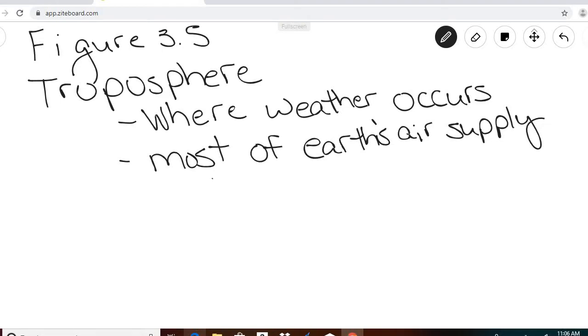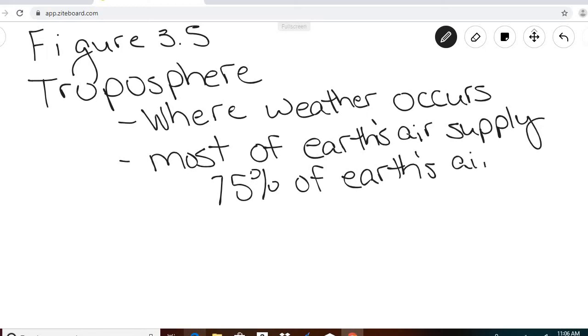So about 75% of all of Earth's air is within the troposphere. And we've already said that within the troposphere, the amount of air decreases as you increase altitude.